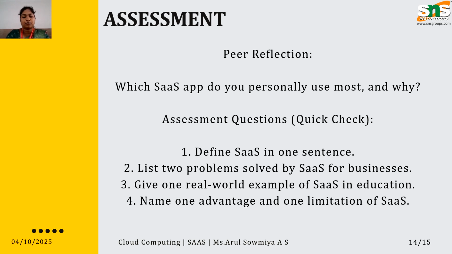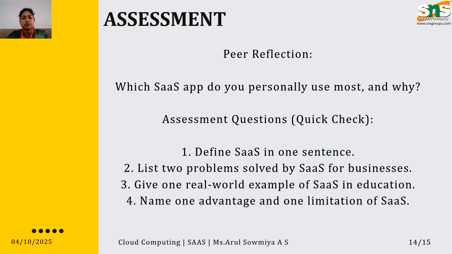The second one is two problems solved by SaaS for business. It reduces the high upfront cost of software installation and maintenance, and it enables easy access and collaboration from any location. The third one is real-world examples of SaaS in education. In education we have Google Classroom, which we use for online teaching, assignment management and communication.